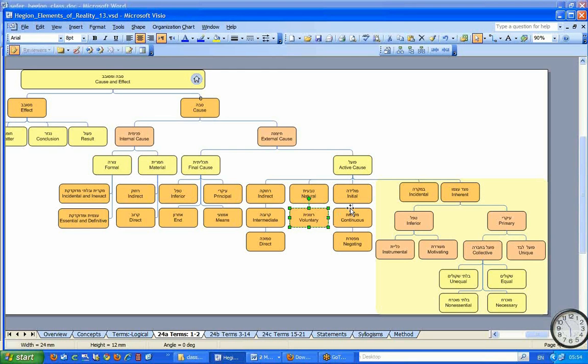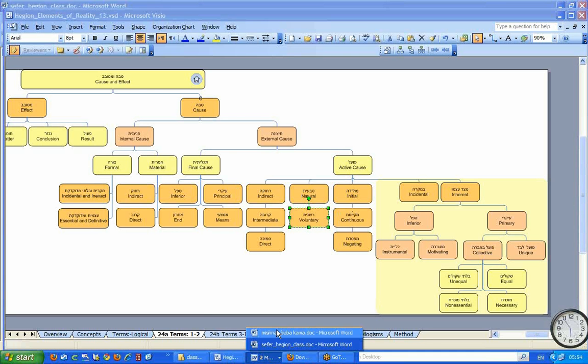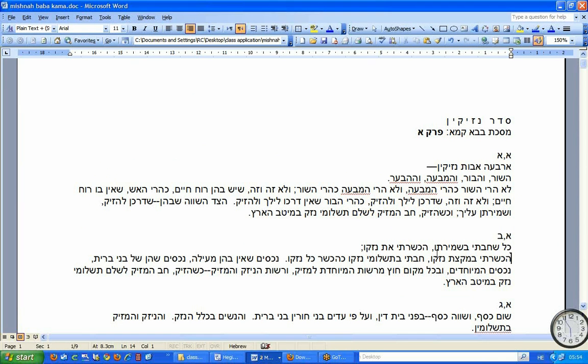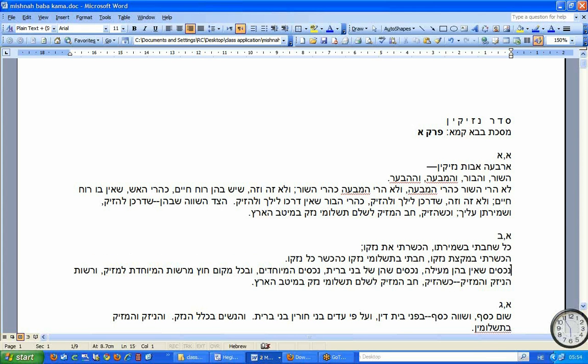Very good. Now let's see if we can play some more here. All right. Now it says here, Hiksharti b'nixas nisko, chati b'tishlume nisko kehikshar kol nisko. Now that's an interesting case. In that case, you can't tell from the words, but the case is like this.